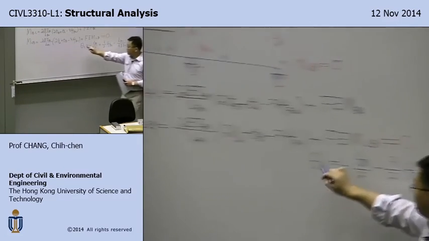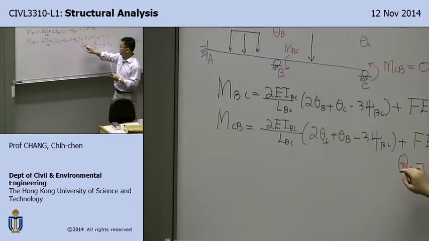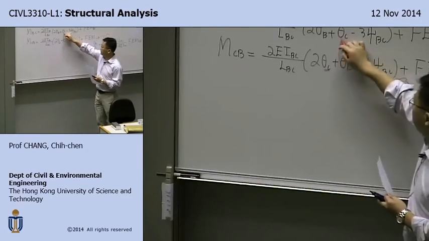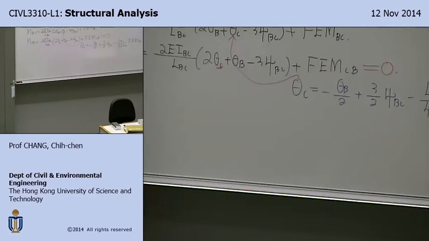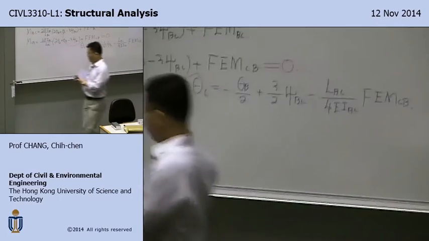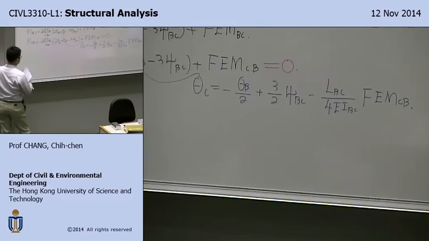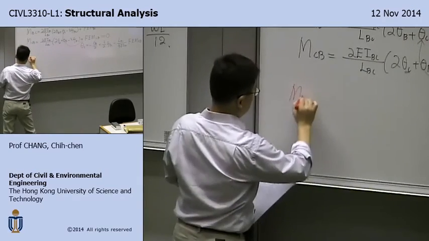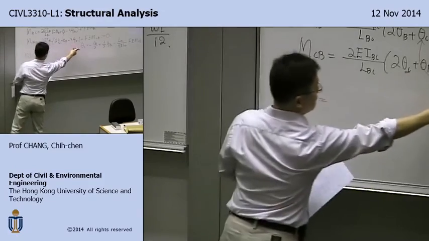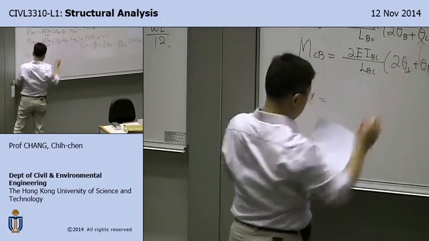And then I can substitute theta C in here, eliminating theta C from the equations. So I will have a modified MBC. Substituting here, there.